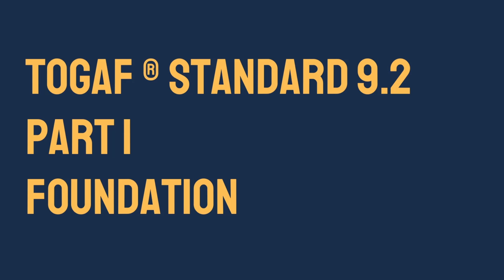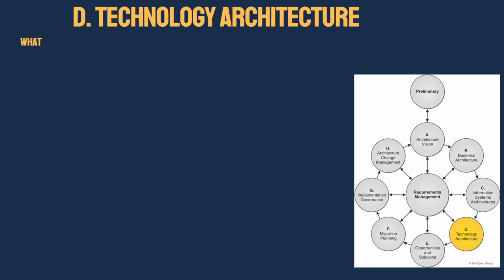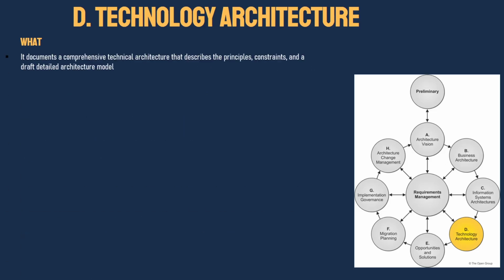The technology architecture documents our comprehensive technical architecture that describes principles, constraints, and draft detailed models. Models might include details about systems, protocols, processes, and tools that have been selected during our previous discussions.